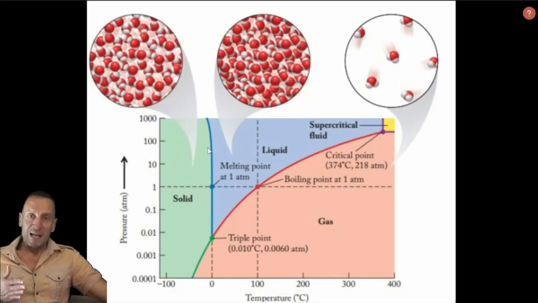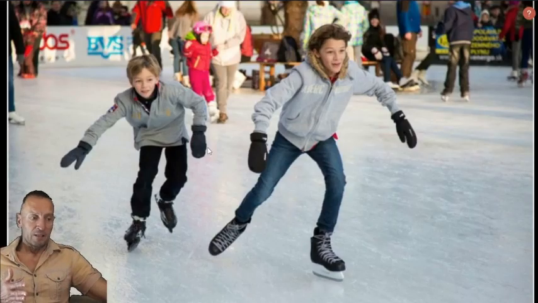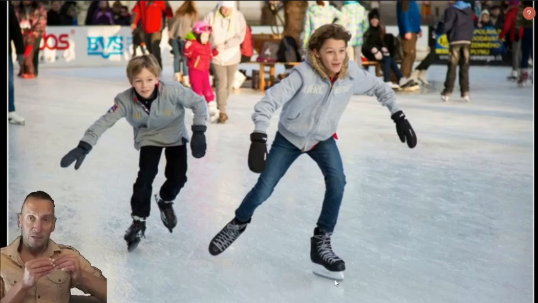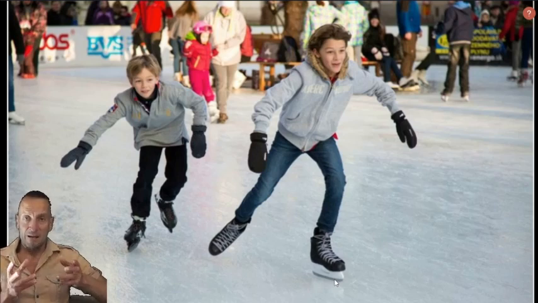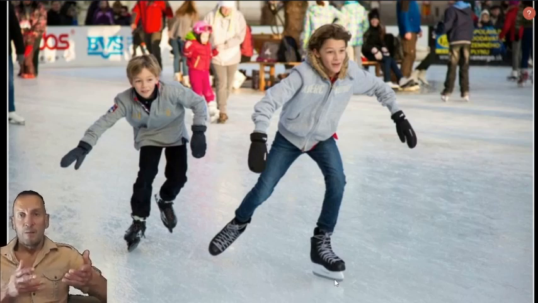Now, the ice skates, look at it, they exert very high pressure on a very small surface. Pressure is force divided by area. Now say we have a 50 kg person, and you divide it by, say, 20 square centimeters.